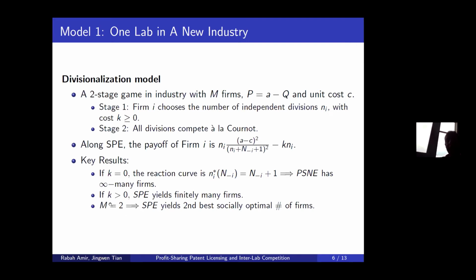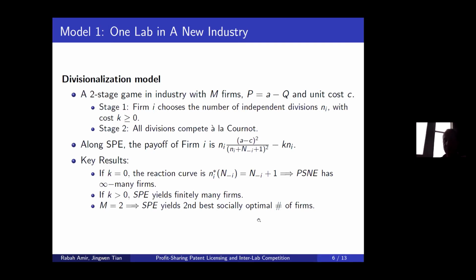So if there were 2 labs to start with, then the subgame perfect equilibrium of this game actually coincides with the second best socially optimal number of firms. This is a result directly from the divisionalization literature from Bai et al., AER 96. They show that in this divisionalization game, when you start with 2 mother firms and they pick how many divisions to have each, they end up at the subgame perfect Nash equilibrium, which is unique. They end up picking the second best socially optimal number of firms.